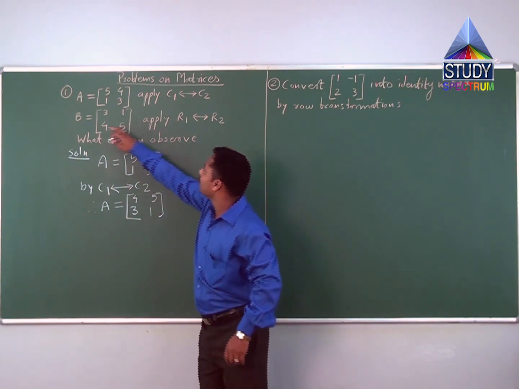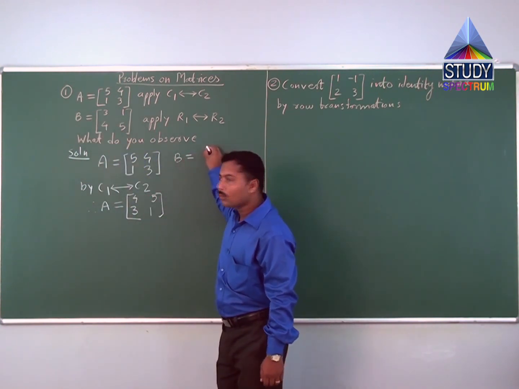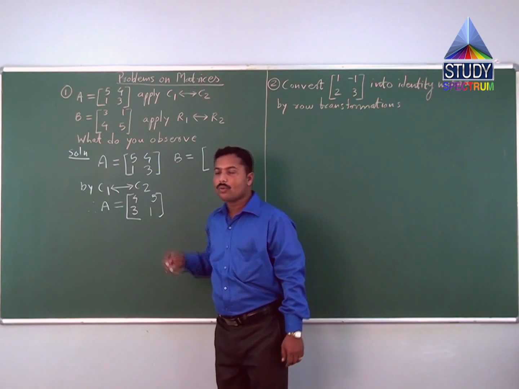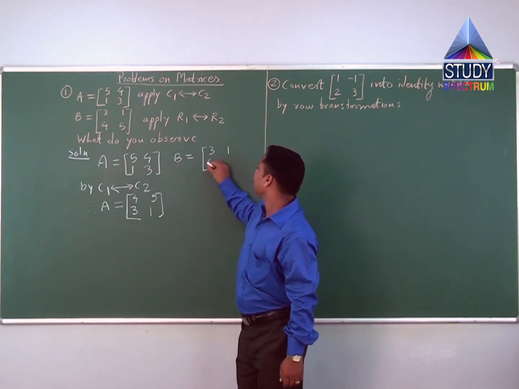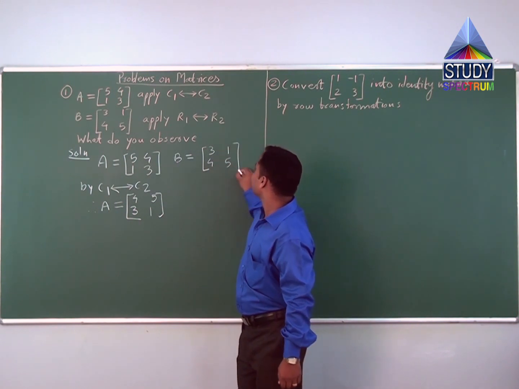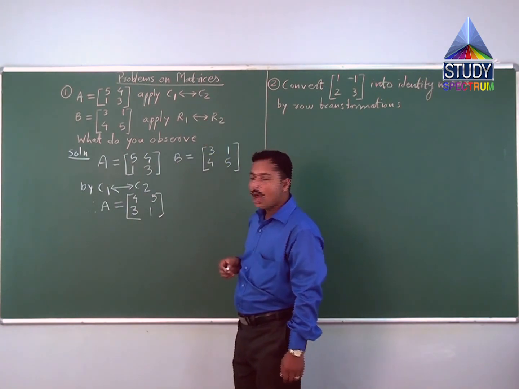Similarly we do this for matrix B. Matrix B equals first row 3 1, second row 4 5, and we want to apply R1 interchange with R2.